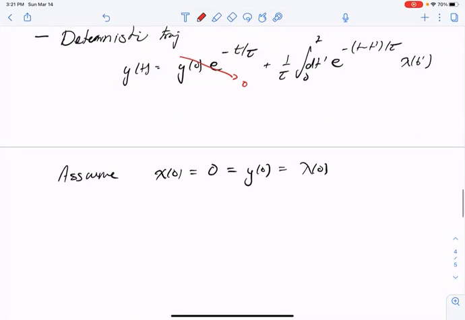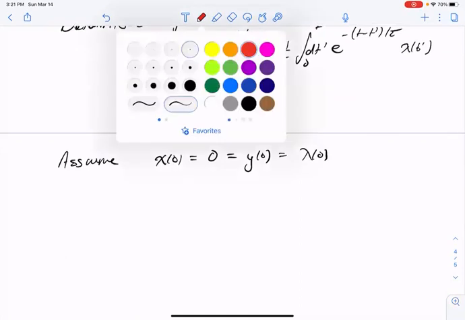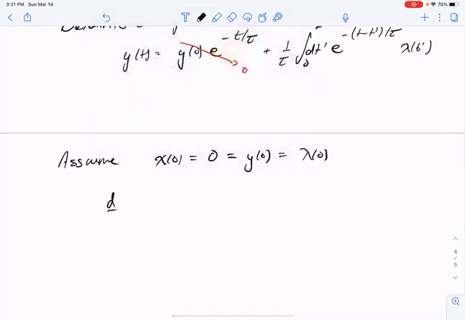So note that d dt of e to the minus (t minus t prime) over tau is equal to minus 1 over tau e to the minus (t minus t prime) over tau.